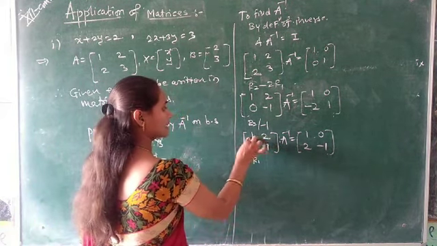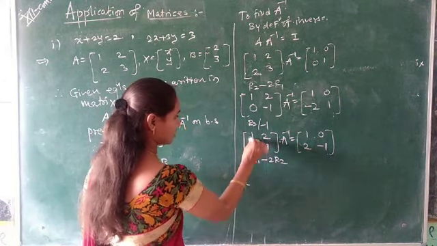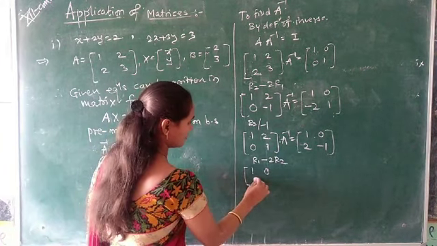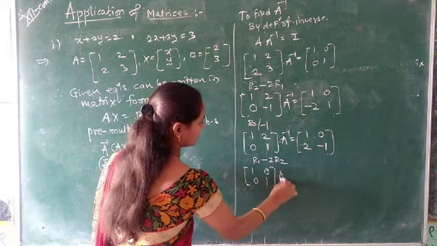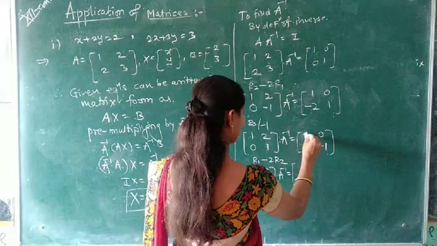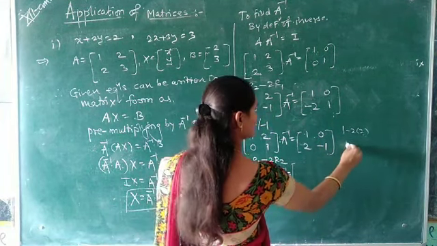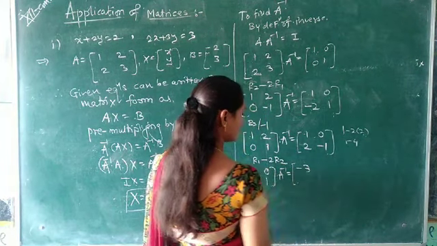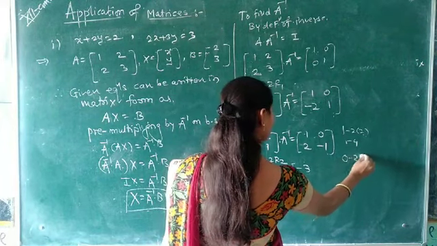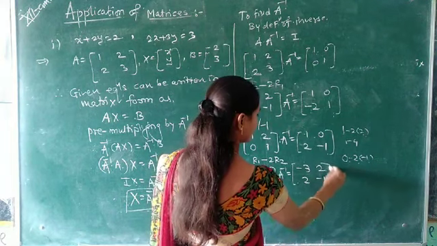Now this lies in R1, so R1 minus 2 R2. 1 minus 2 into 0 is 1, 2 minus 2 is 0, so 0 and 1 into A inverse is equal to: 1 minus 2 into 2, that is 1 minus 4, which is minus 3, and 0 minus 2 into minus 1 is plus 2, and 2, minus 1.